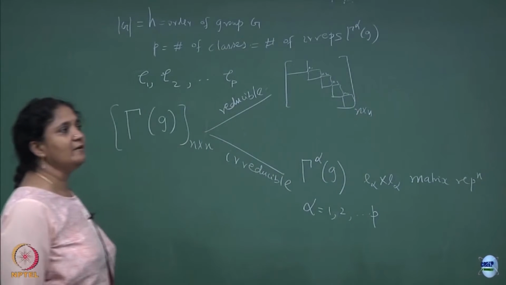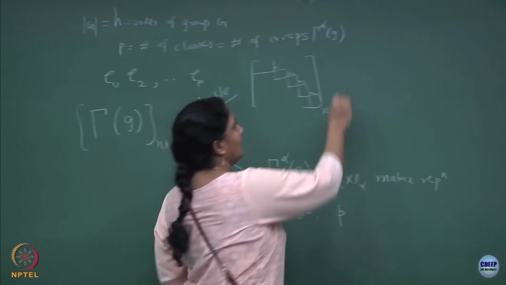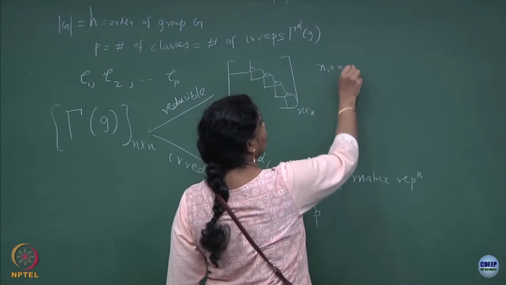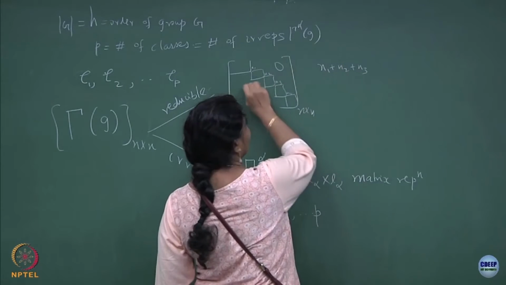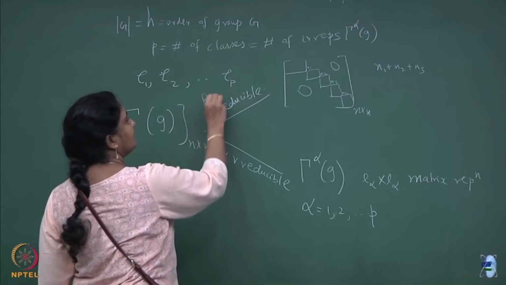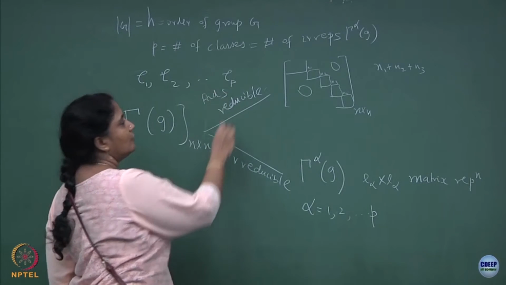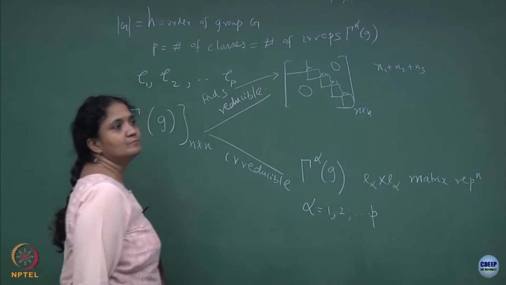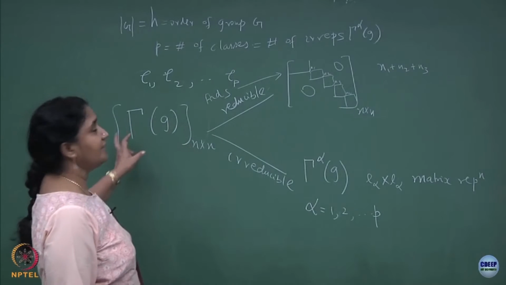What is the requirement? n1 plus n2 plus n3 and so on, the others are all 0. Reducible means you can find S to bring it to this form by similarity transformation.